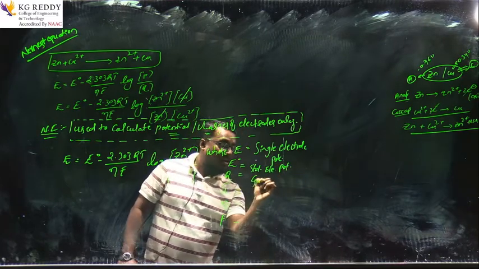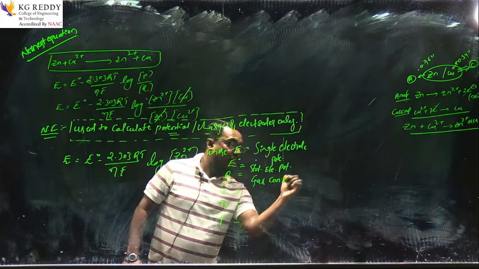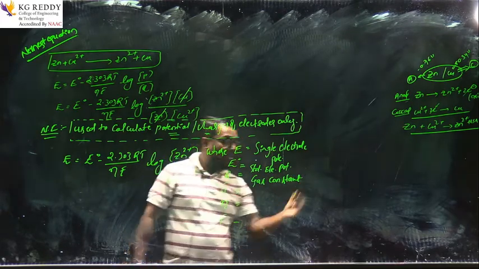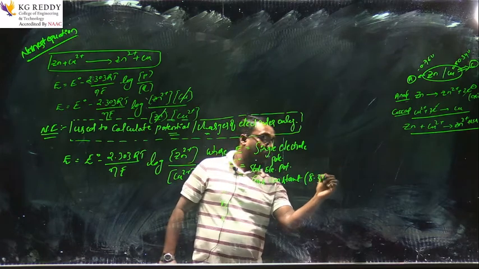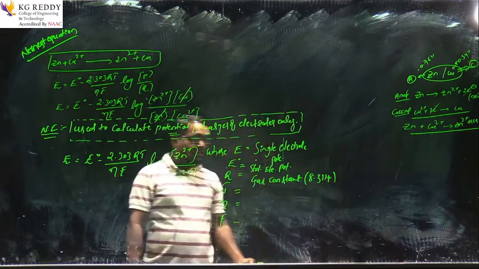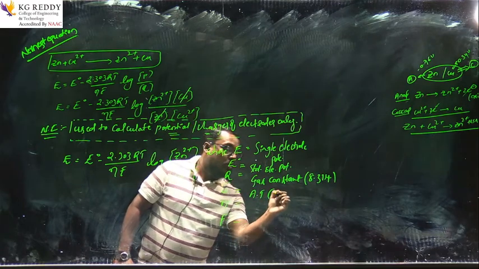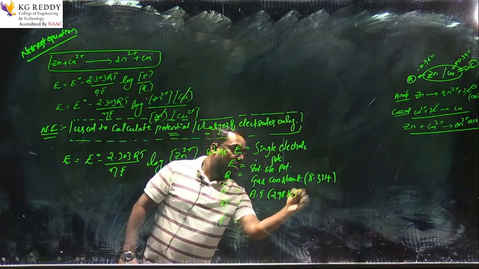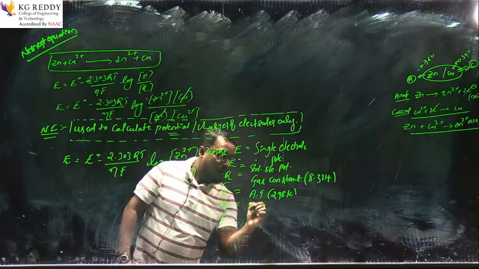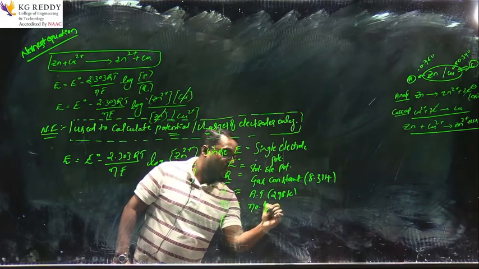R is the gas constant, whose value is 8.314. T is the absolute temperature, and we take 298 Kelvin. N is the number of valence electrons.